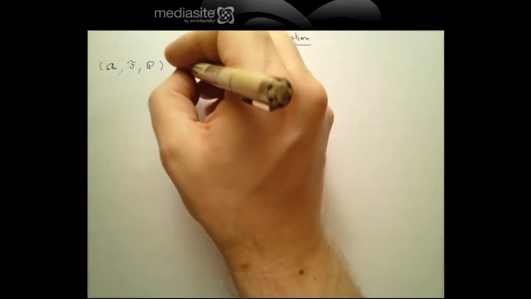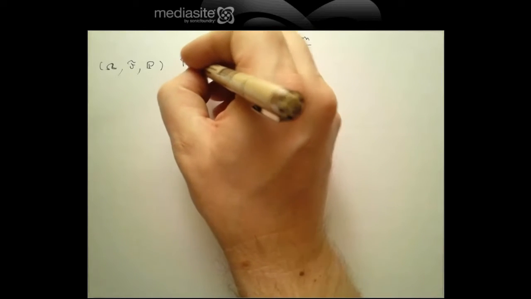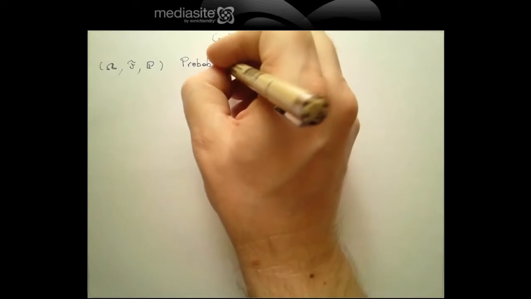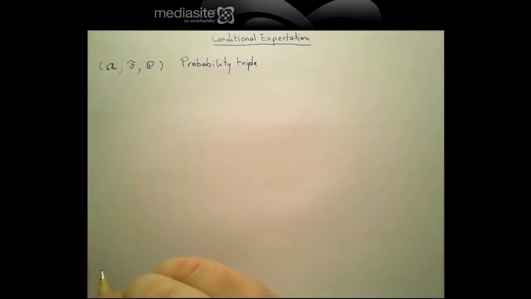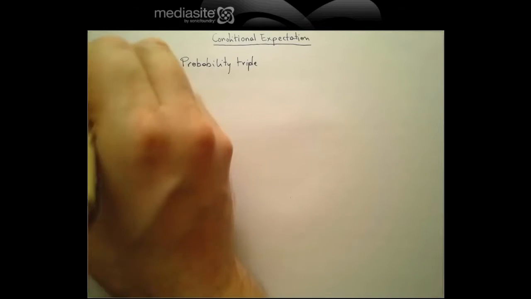So this is known as the probability triple. Okay, so that's sort of the basic setup for probability.